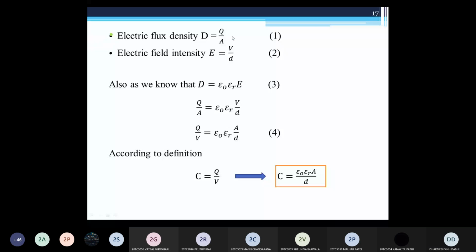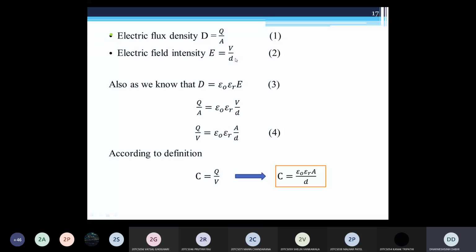So for this parallel plate capacitor, the electric flux density is equal to Q by A, that we already derived. Flux per unit area, or charge per unit area, gives the electric flux density for this parallel plate capacitor. In the same way, electric field intensity is nothing but what? Electric potential per unit distance.